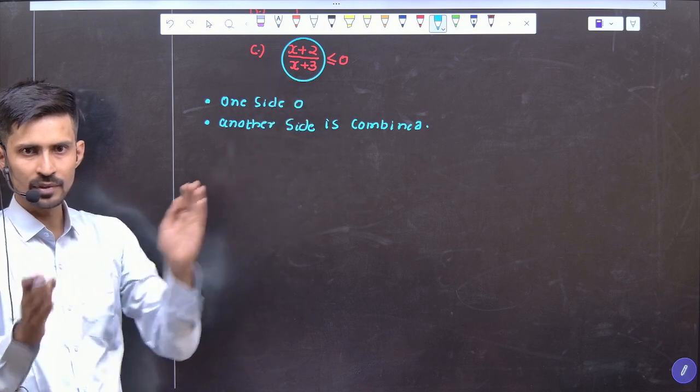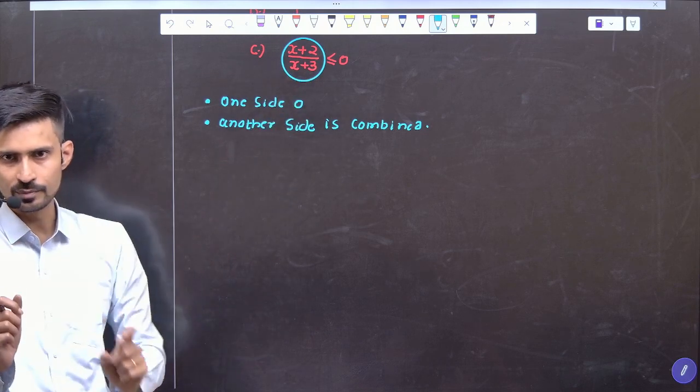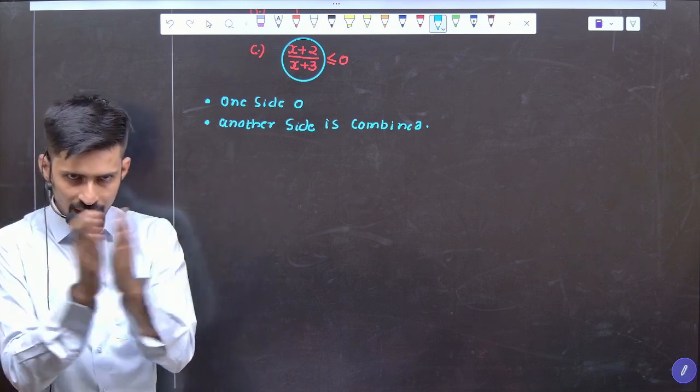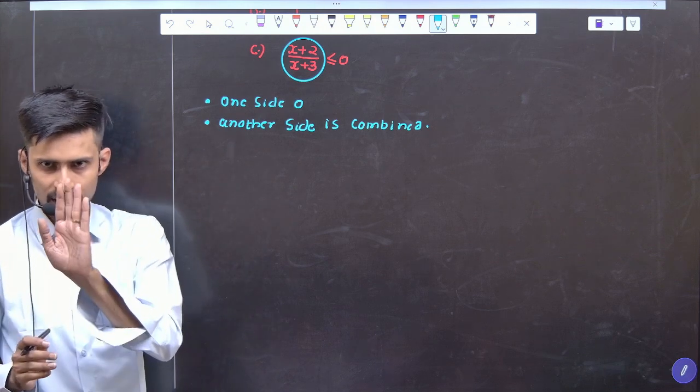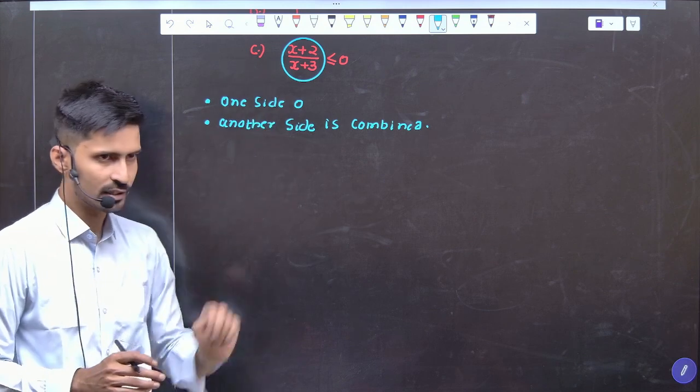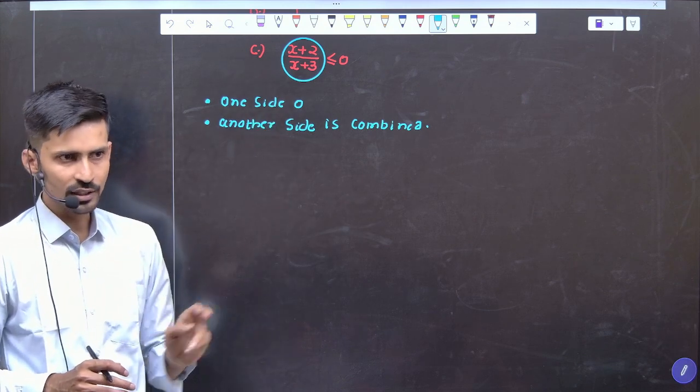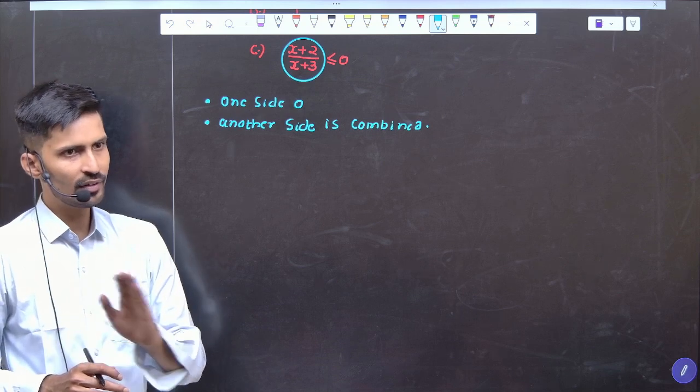There should be no partition in that term. If partition is there, combine them and make it 1. Always remember, these two are the most important things in every inequation.